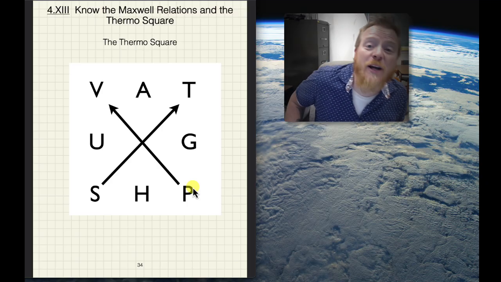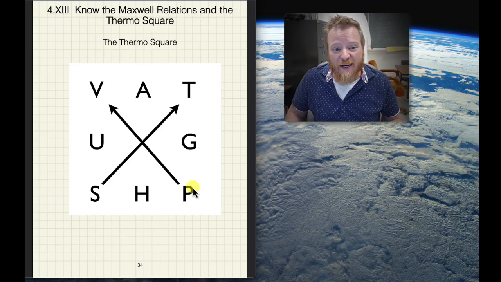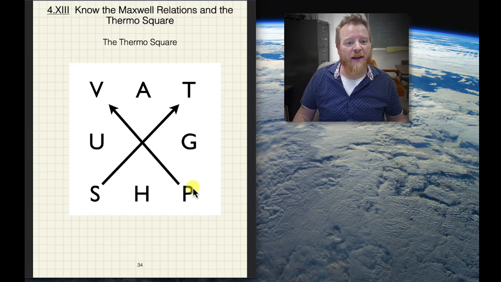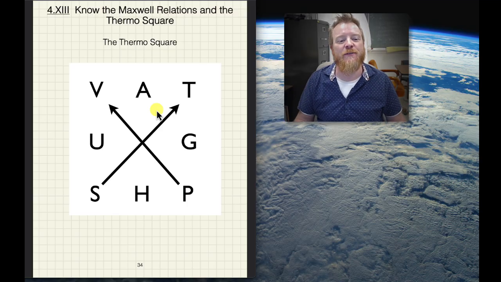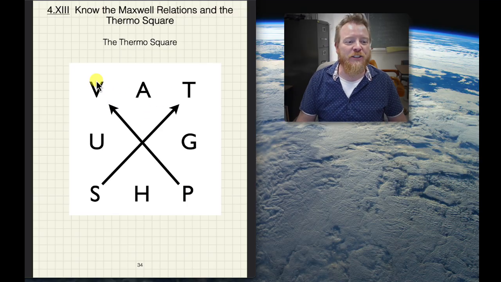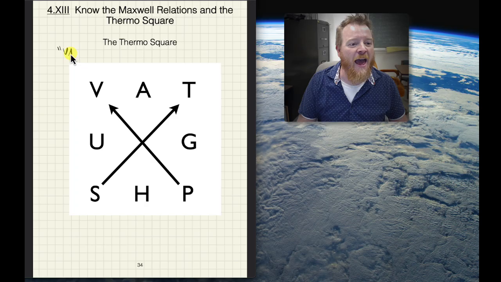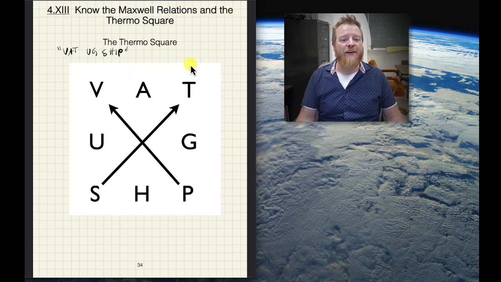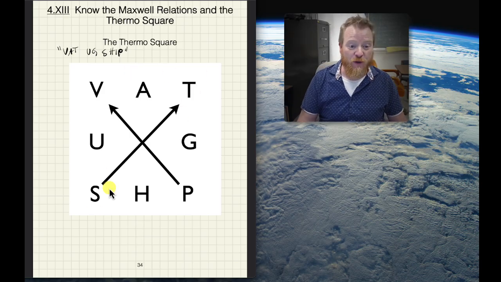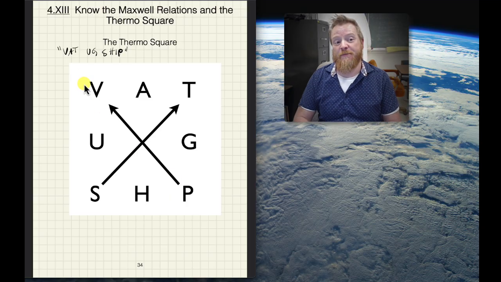I encourage you to come up with your own acronym, something that's going to help you out. In the past couple of years, students have called this VAT-UG-SHIP, and that has stuck pretty well with me. VAT-UG-SHIP. And then we draw the arrows from S to T and P to V.